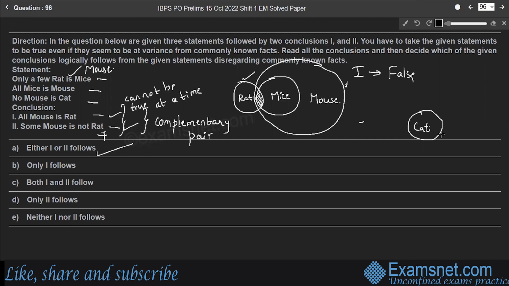Therefore, all mouse is rat is a false conclusion. Whereas the second one, some mouse is not rat. That means these two are contradictory, right? If one is false, the other will be true. These two are complementary. If you consider 2 is false, the first one will be true, right? Therefore, either 1 or 2 follows, hence option A is the right answer.